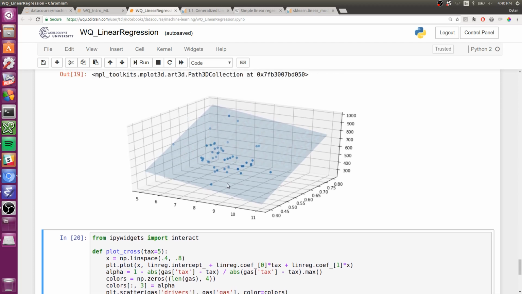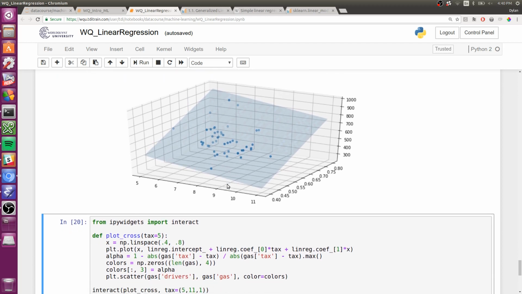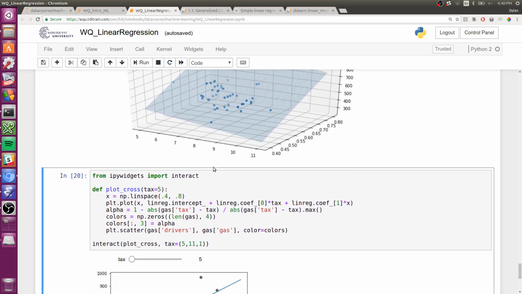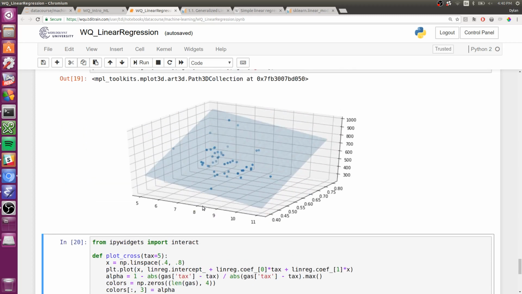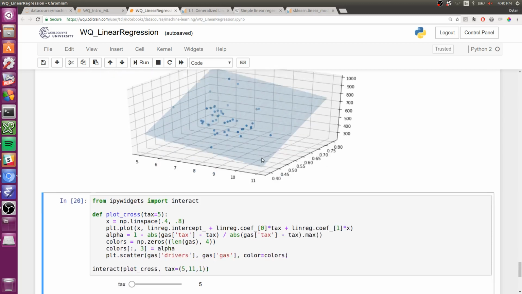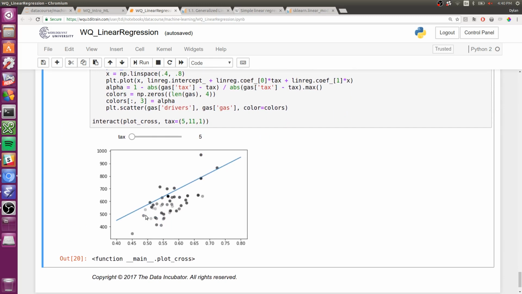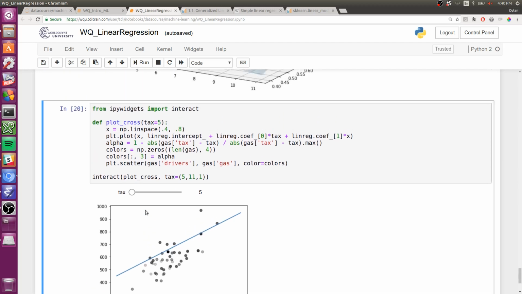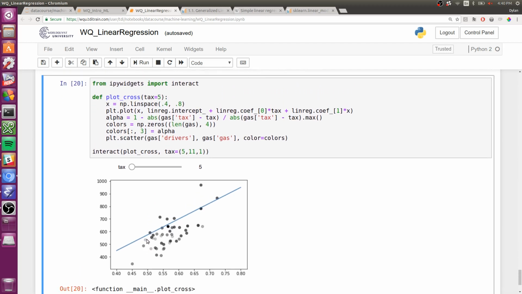If we were to slice along some line through the tax axis, we would get a cross-section of the plane and the points. Now, the distance of the points from our cross-section is represented by how intense they are. So the dark points have a tax rate close to 5, while the further away points have a tax rate closer to 9.